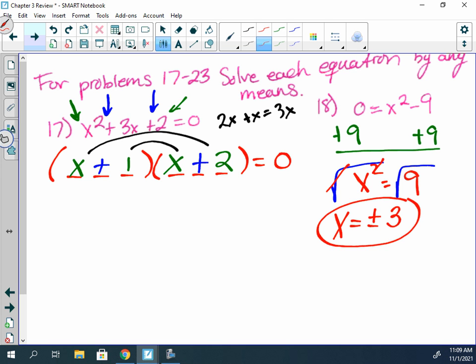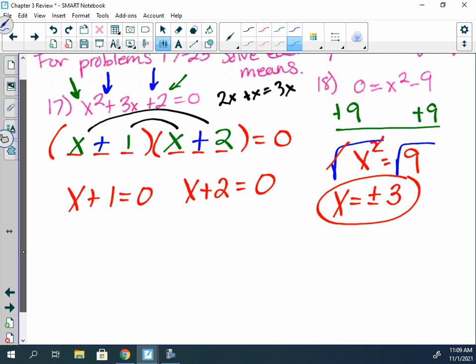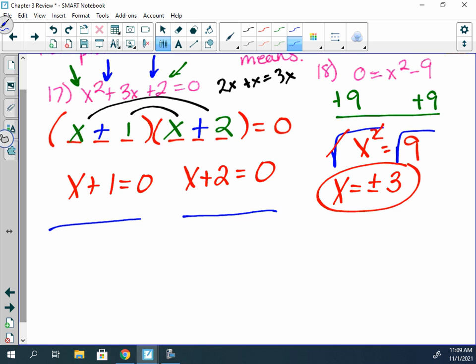Now, according to our zero product property, any two things multiplied together to equal 0 means one of them must be 0. So we're saying that x plus 1 is equal to 0, or x plus 2 is equal to 0. Now we just need to solve for the value of x.